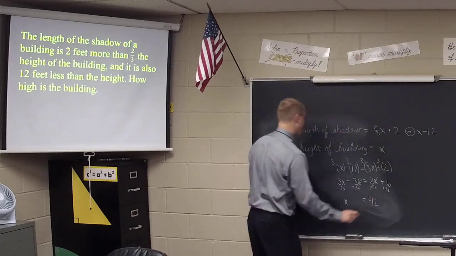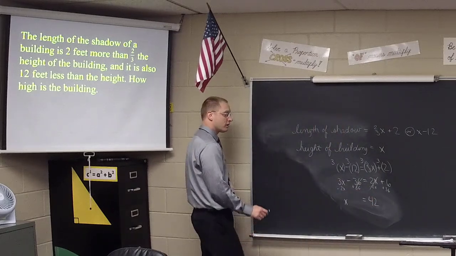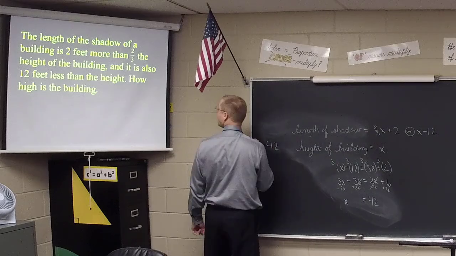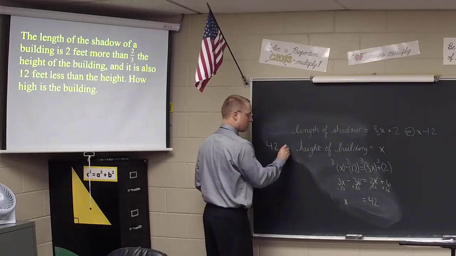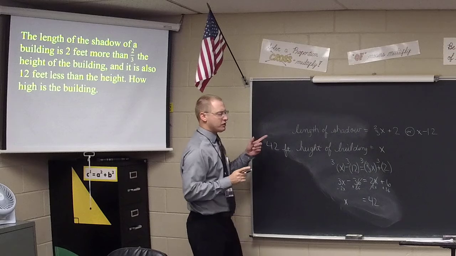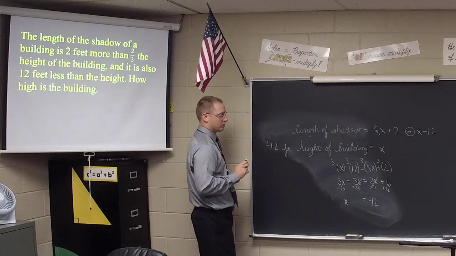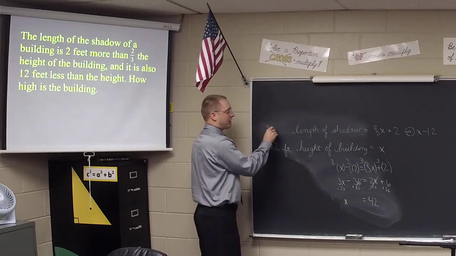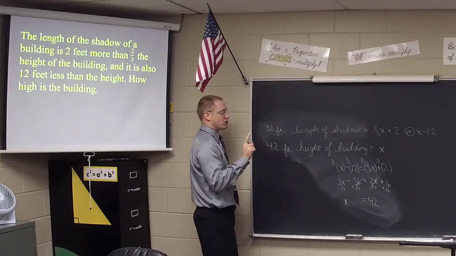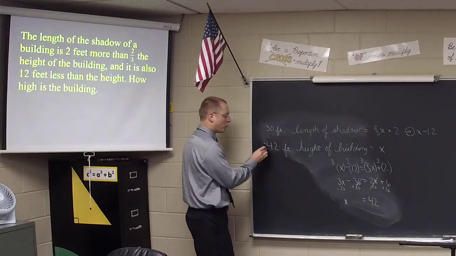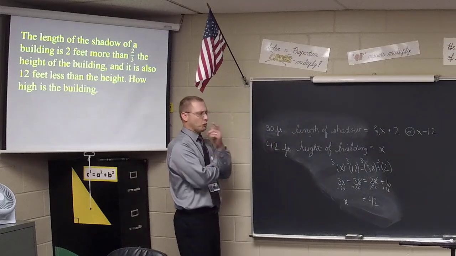So apparently the height of the building is 42 feet. Now, it said the length of the shadow is 12 feet less. What's the length of the shadow? 30 feet. But it also said it's 2 feet more than 2/3 the height. What would be 2/3 of 42?